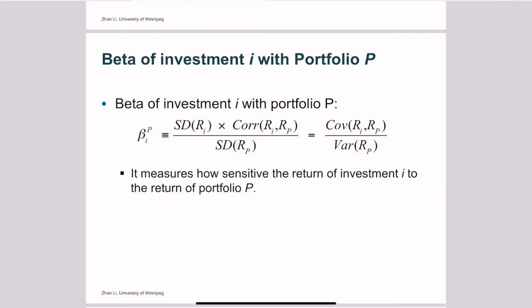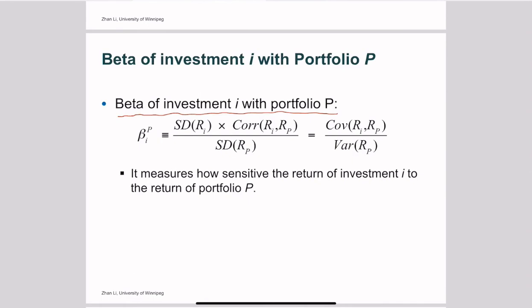So it's important for you to understand how to define beta and how to calculate beta. So here we define beta of investment I with respect to portfolio P. Note here the definition of beta depends on portfolio P, right? So it is a function of both investment I and portfolio P.